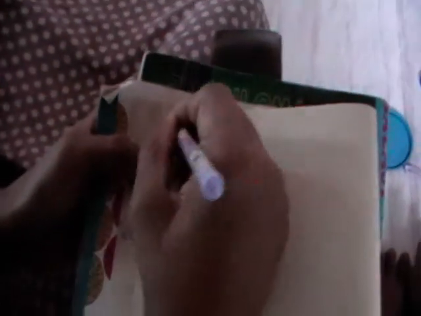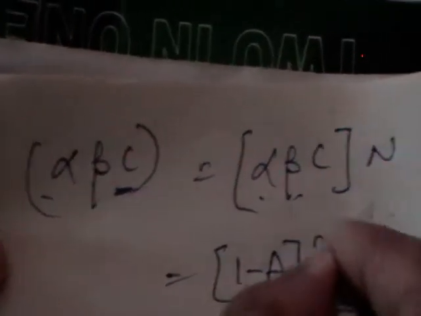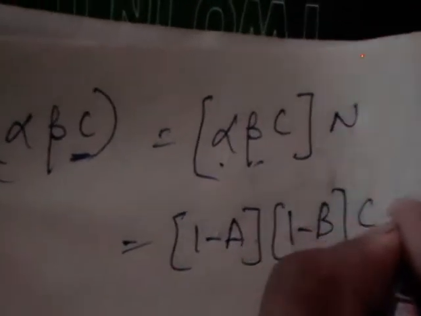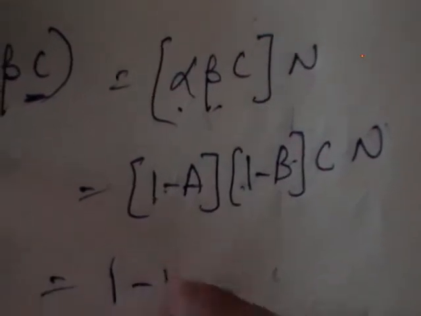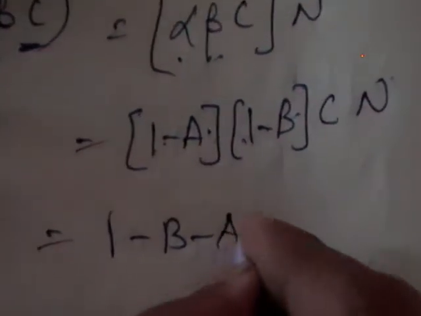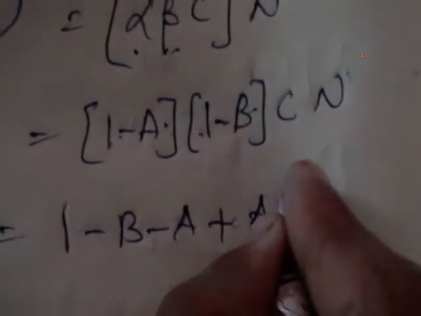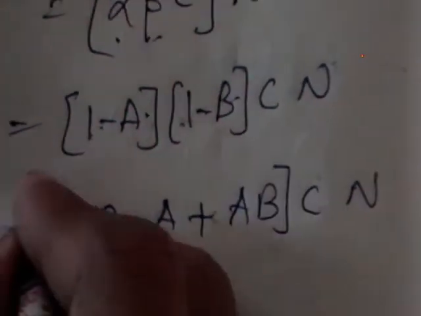Alpha beta C. Again, this is the positive class and these two are negative, so the same steps: alpha BC into N. Convert these two into positive classes: (1 minus A) into (1 minus B) into C into N, which is nothing but 1 into 1, 1 into minus B, minus A into 1, minus A into minus B plus AB, into CN.